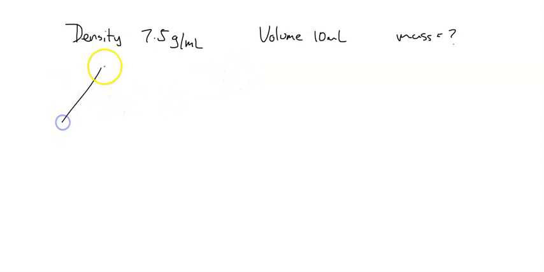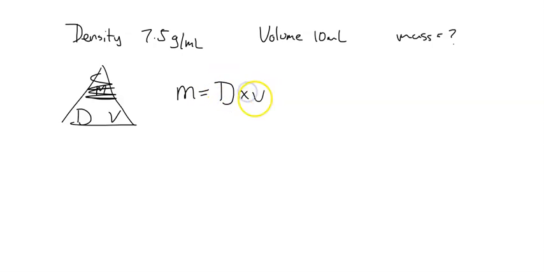Well, taking a look at our triangle, density being mass over volume, and because we're looking for mass, we can discern that the equation, again, is density times volume. We're going to substitute in our numbers. Density is 7.5 grams per milliliter, and volume is 10 milliliters.